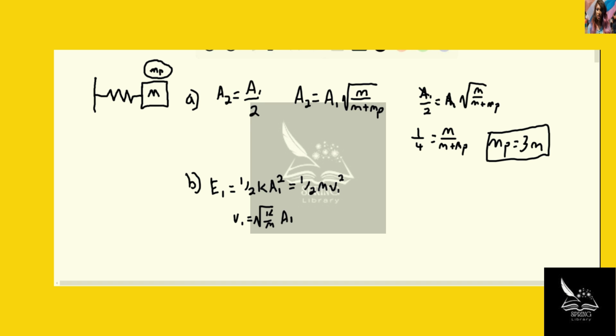Cool, and then we need an expression for the energy afterwards. So E2, we're going to say, is going to be equal to 1/2 times the mass plus the mass of the putty times V2 squared.